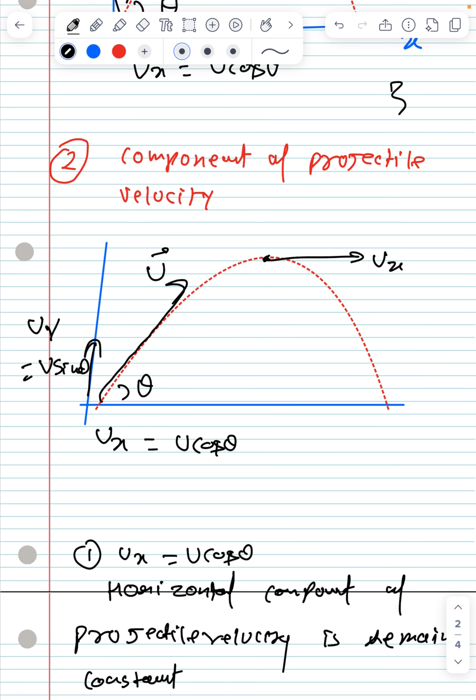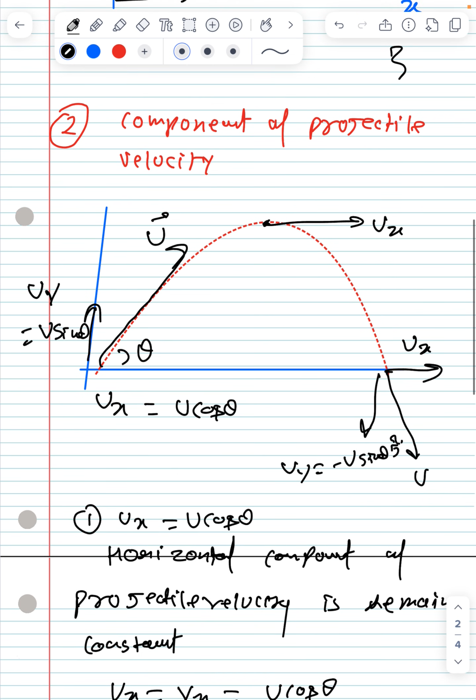Right, during projectile motion, and at the peak point of the projectile path it becomes equal to 0, right.